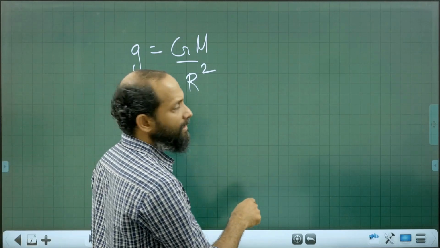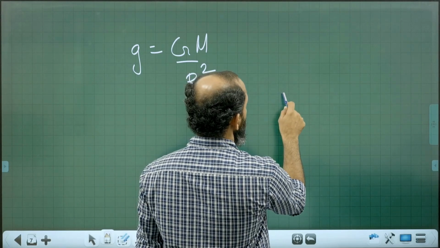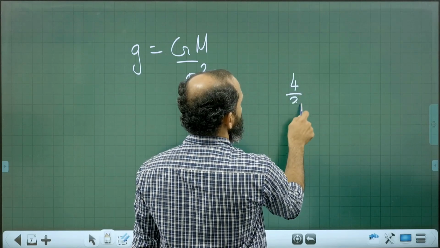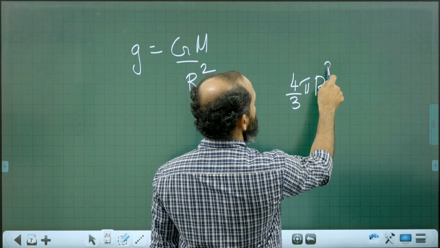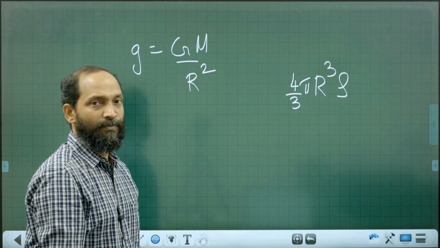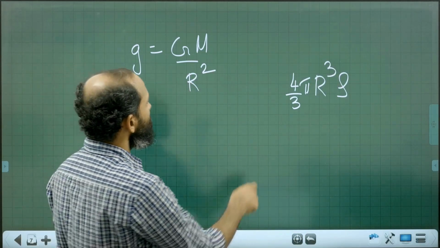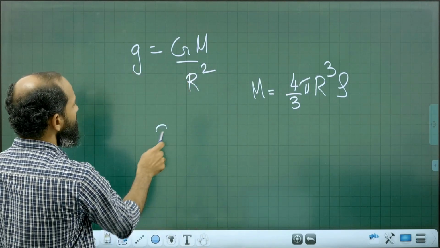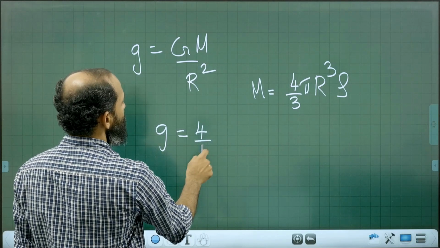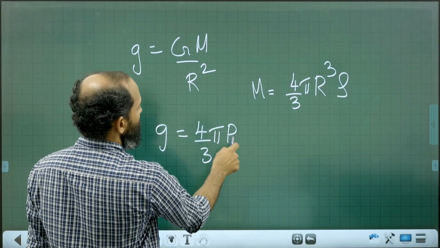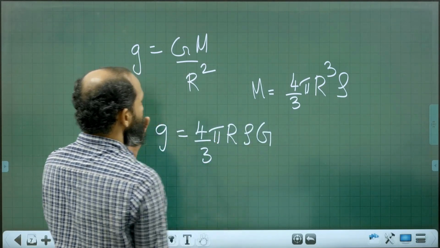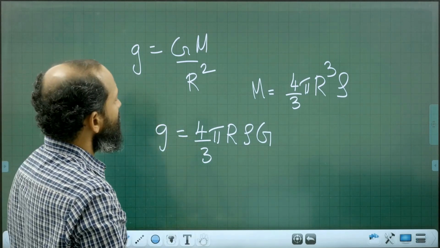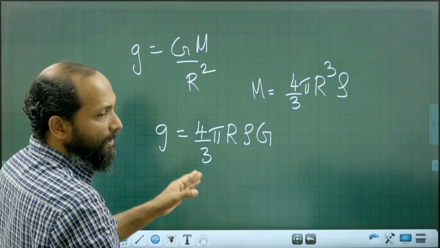Assuming Earth as a uniform sphere of volume 4 by 3 pi r cube and density rho, volume into density will be mass. Substituting that here, you get another formula for g: 4 by 3 pi r rho G. One r only remains, r square cancels.